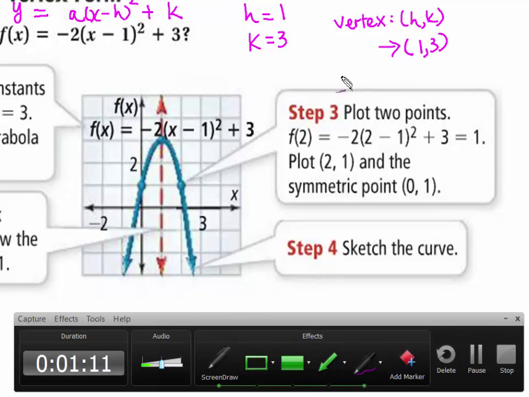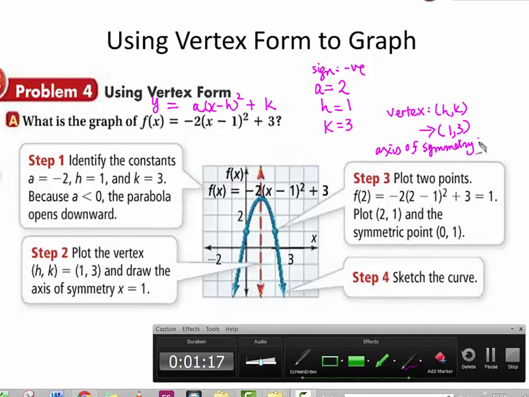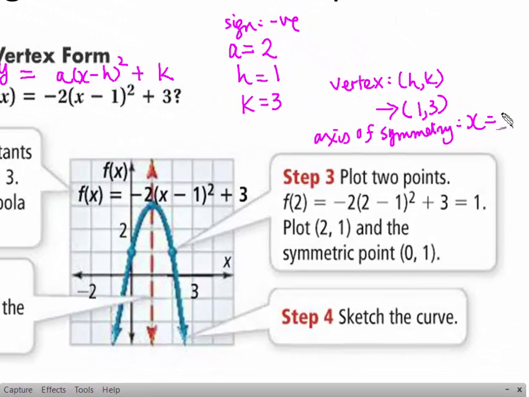And we also know the axis of symmetry is x equal to 1. So the vertex right here, (1, 3), that's what we found here. This is 1. This is 3. And the next thing, the axis of symmetry, the red dotted line here, is x equal to 1.